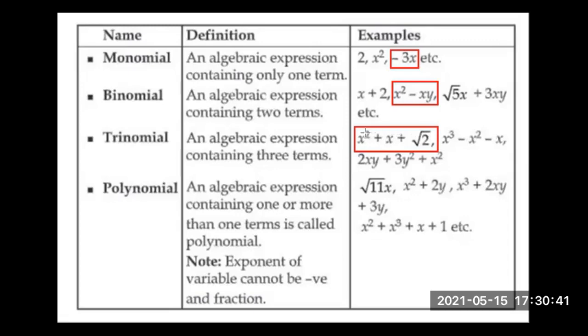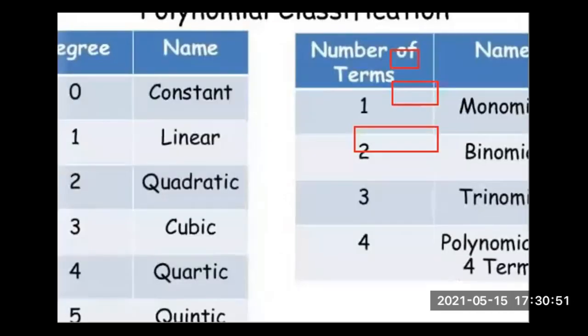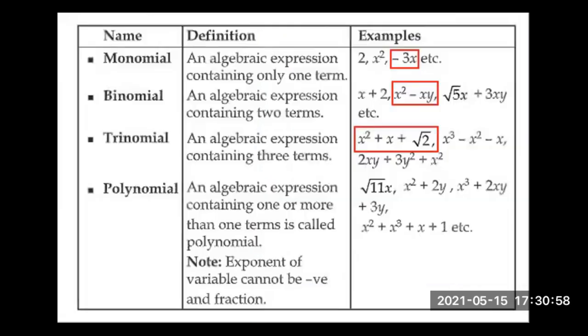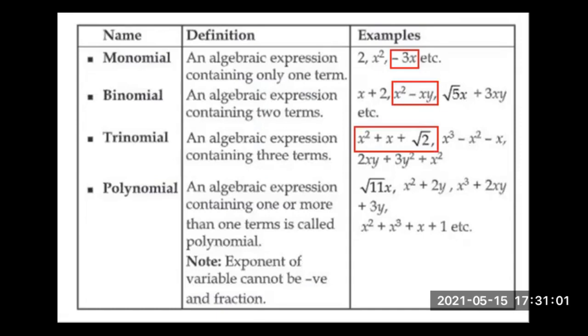Because it contains degree 2, we call it a quadratic polynomial. Next, one more example: x cube minus x square minus x. Here x cube is one term, x square is the second term, and x is the third term.